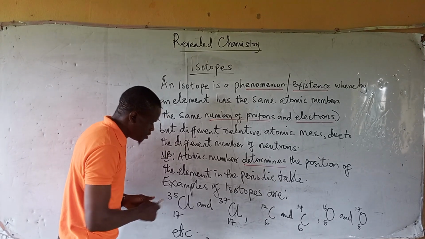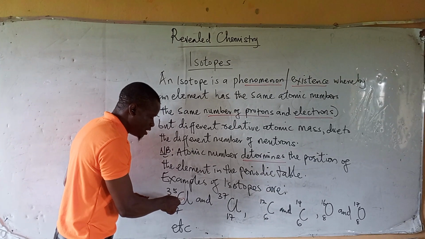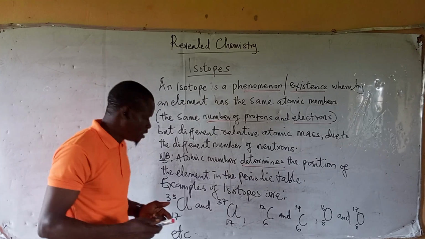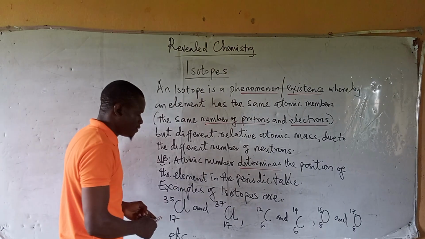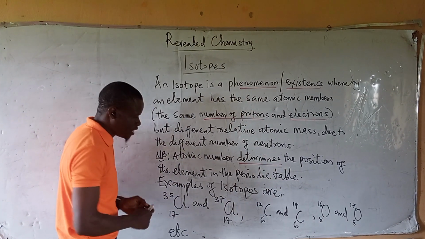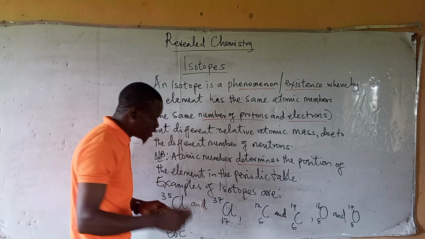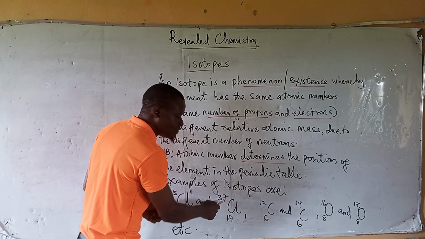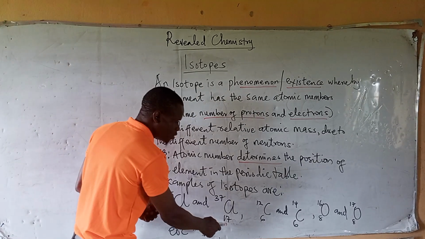The atomic mass of chlorine is 35, while the atomic number is 17. The isotope has an atomic mass of 37, and the atomic number is 17.